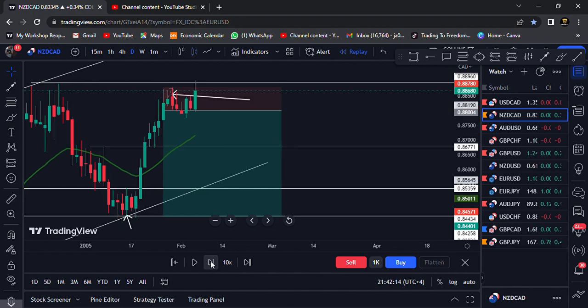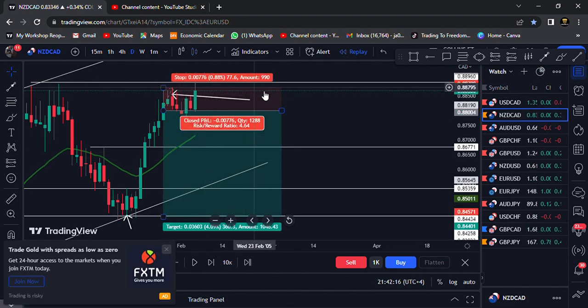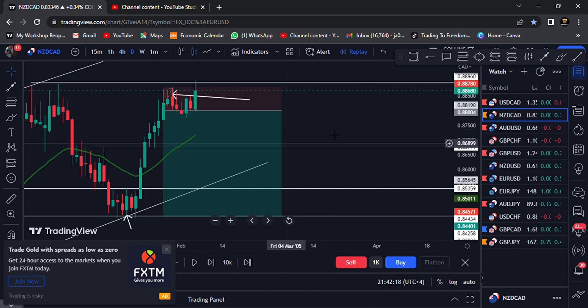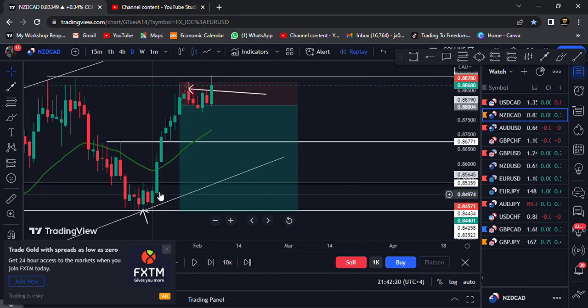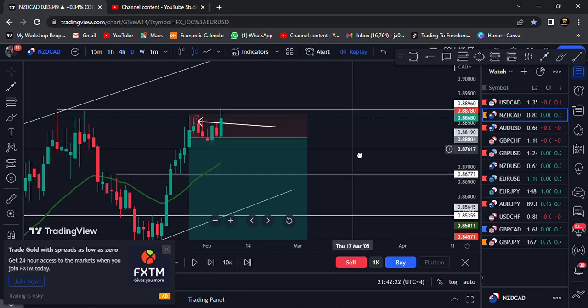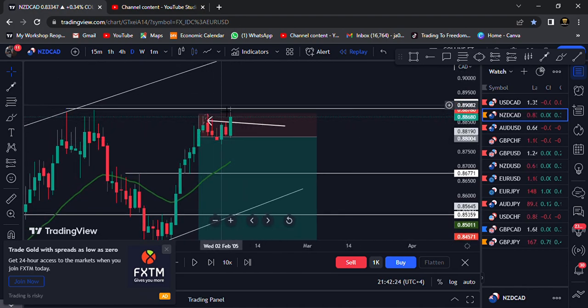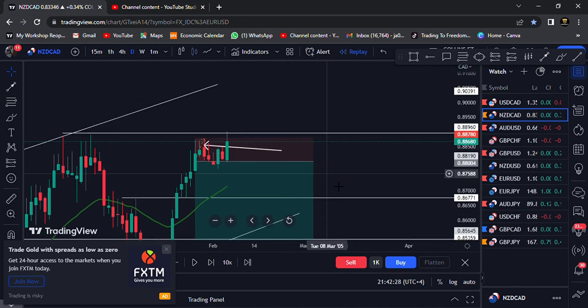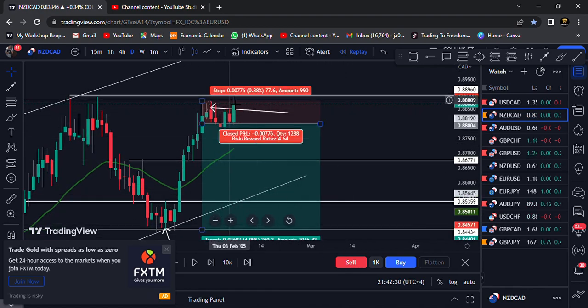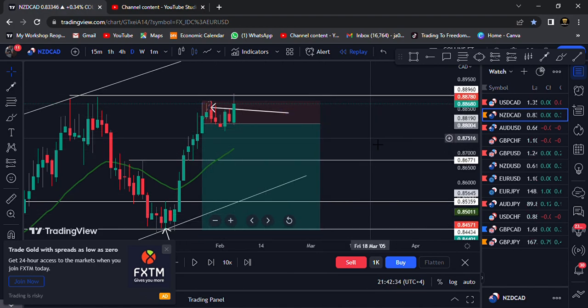Okay, so we got hit out and the market did give us another buy signal, something like here. So in that case, we still cannot buy except we wait for price to reach here and continue up. I mean to break here and then give us another buy signal before we continue.